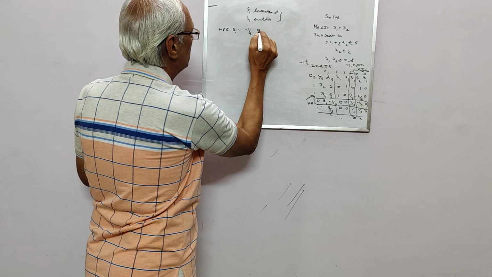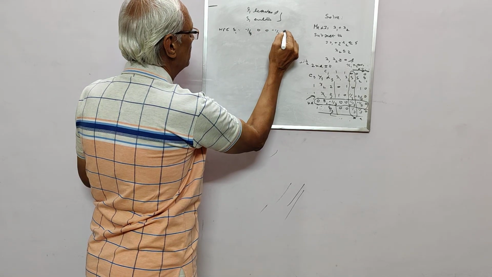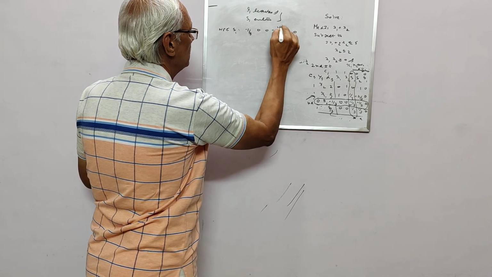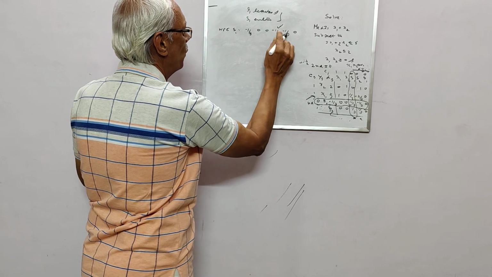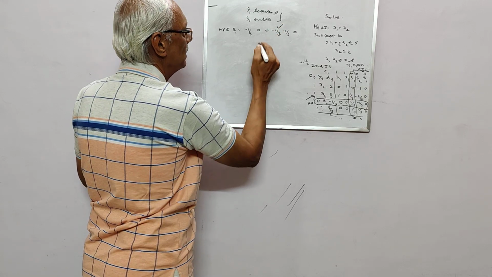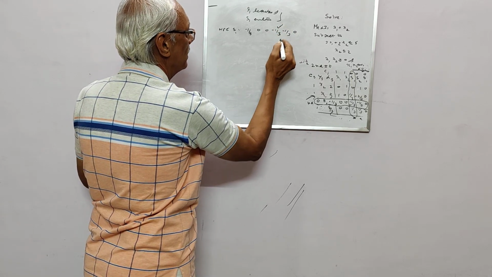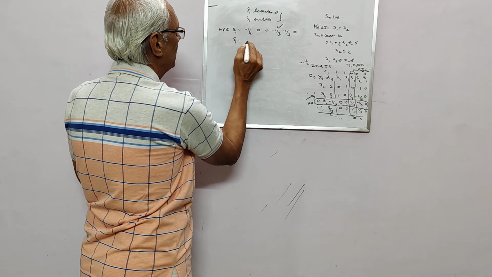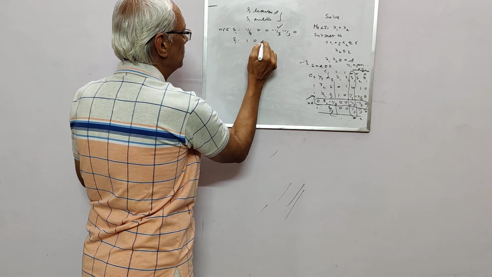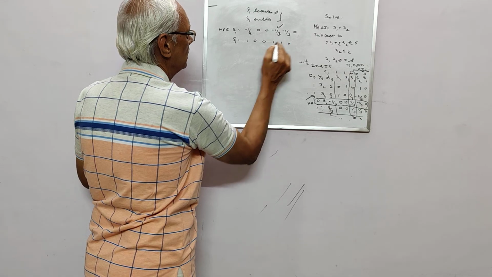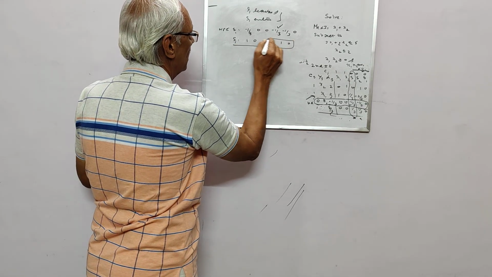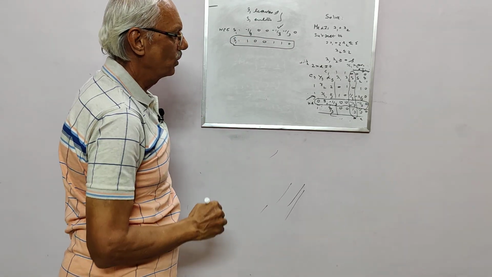It is 0, 0, minus 1 by 3, 0. Now divide throughout by minus 1 by 3. So it is 1, 0, 0, 1, 1, 0. This is what you will get.